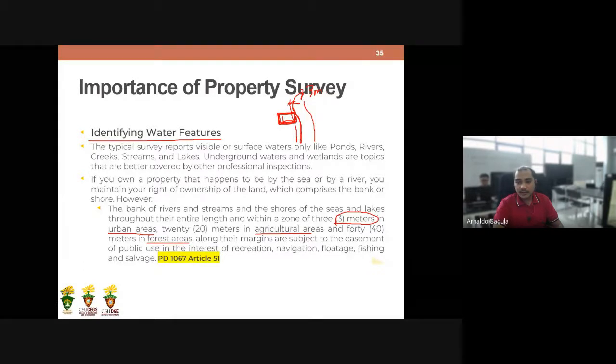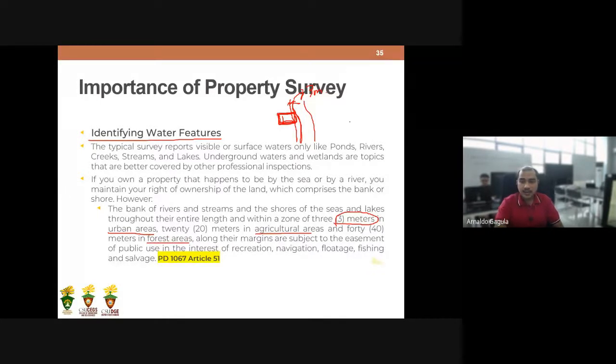You are required to give a 3 meters easement from the river if you are in an urban area. And if you are in an agricultural area, your lot requires you to give 20 meters. And 40 meters in forested areas. If your river is in a forest area, 40 meters. That's according to PD 1067, Article 51.